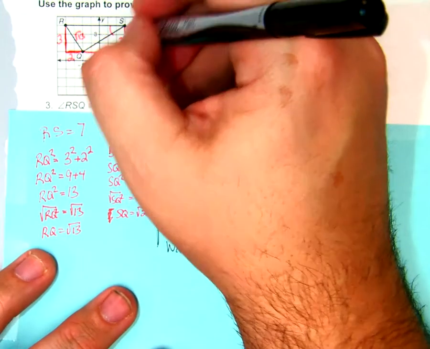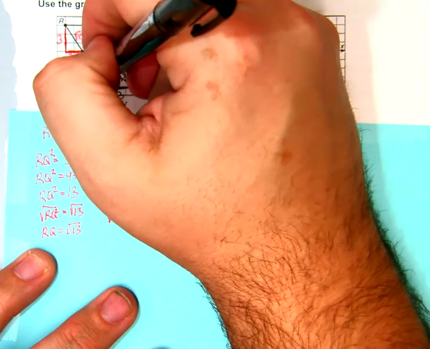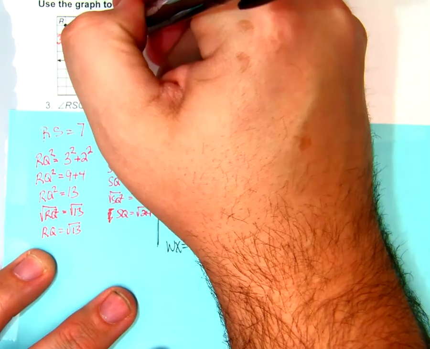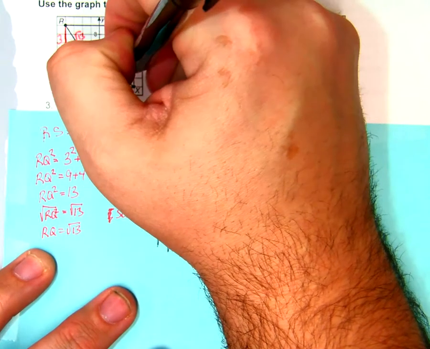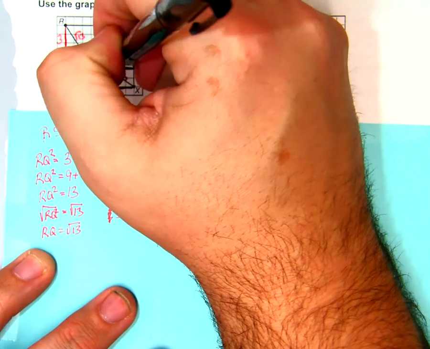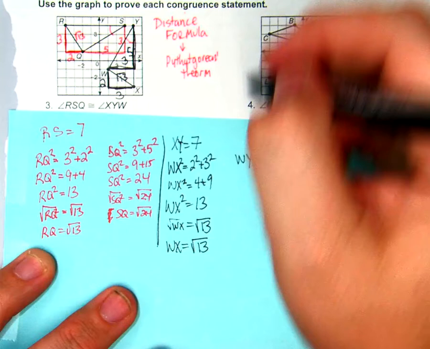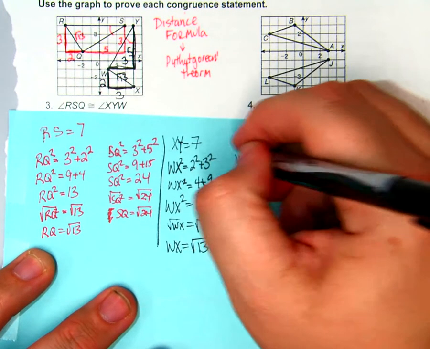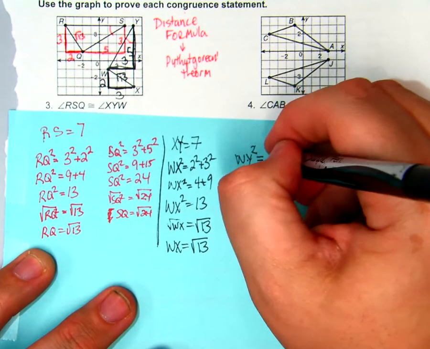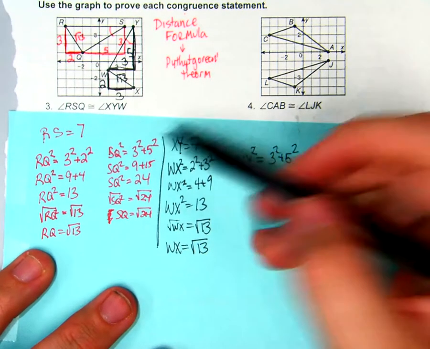Now all I have to do is find WY. In this case, I could drop the horizontal and vertical. That's a 3. 1, 2, 3, 4, 5. That's a 5. So WY squared is equal to 3 squared plus 5 squared, which should look familiar to this one.